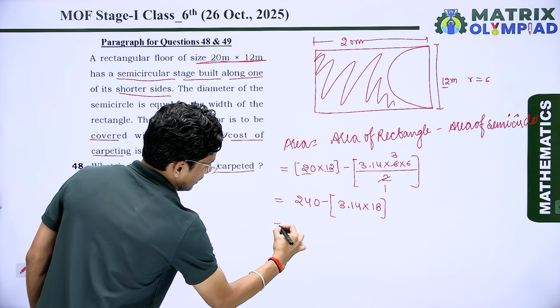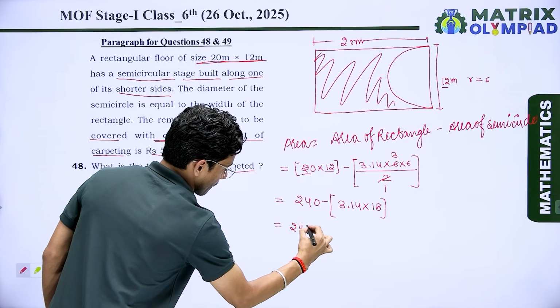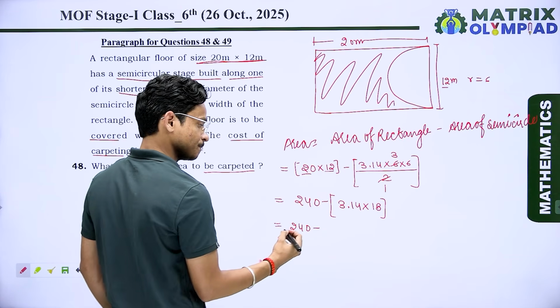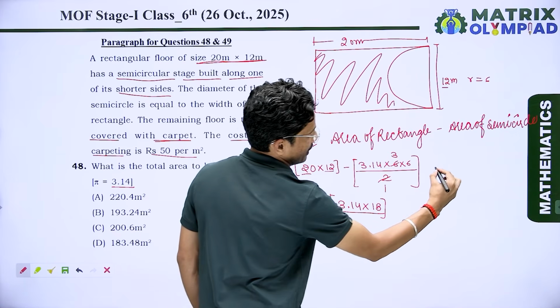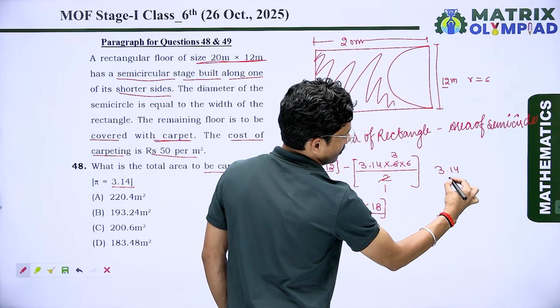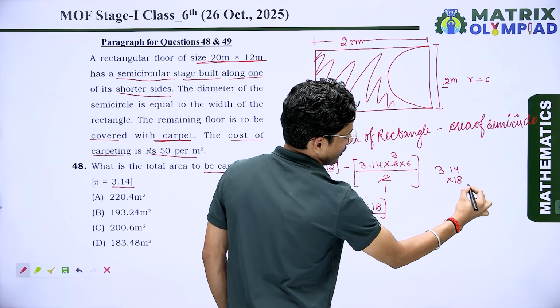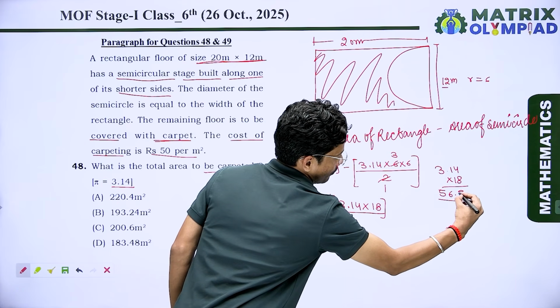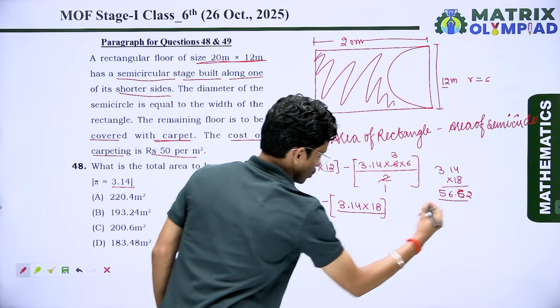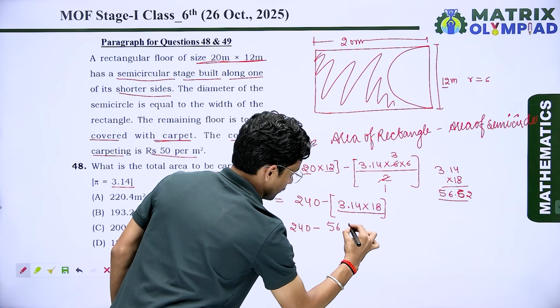Okay, so I can write here 240 minus, when I multiply this, 3.14 multiply by 18, we get 56.52. So I can write here 56.52.